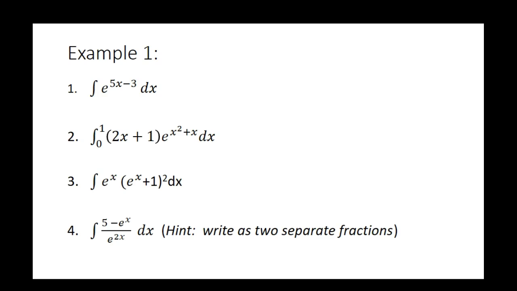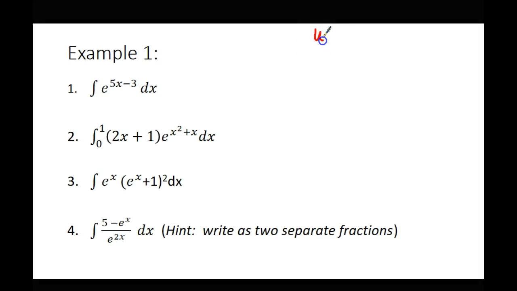So what's my u going to be? It's the exponent. So usually, like I said, when you're dealing with e functions, it's usually the exponent. So what is the derivative of that? 2x plus 1.